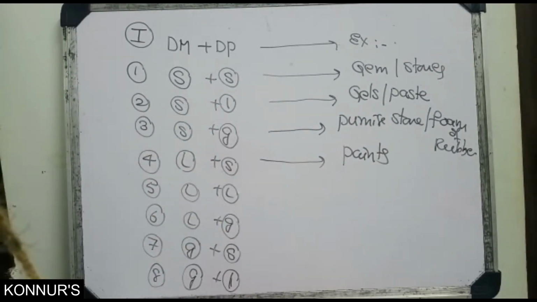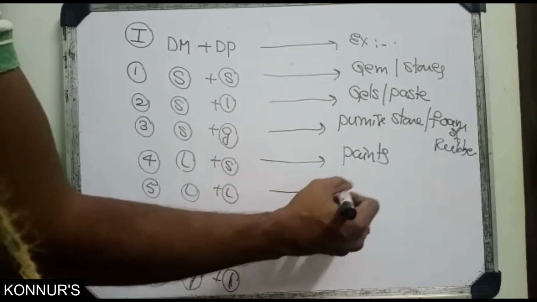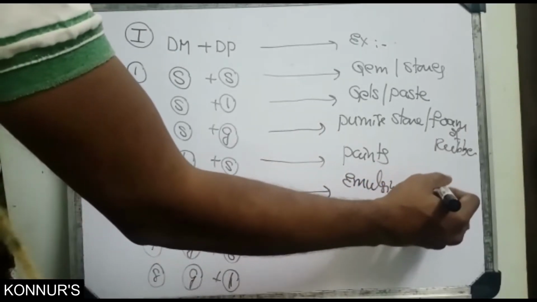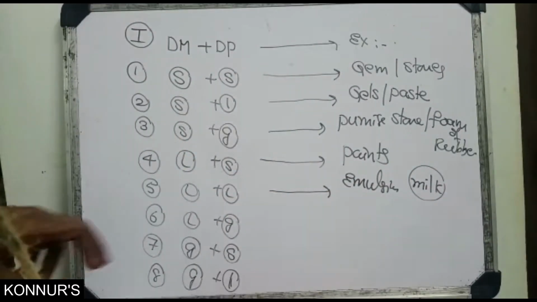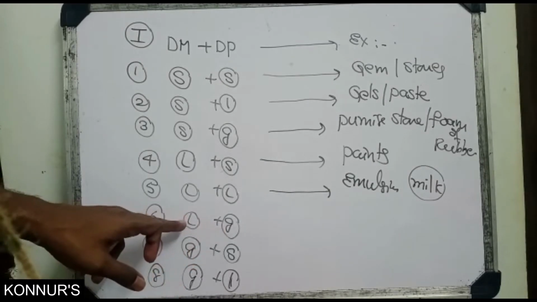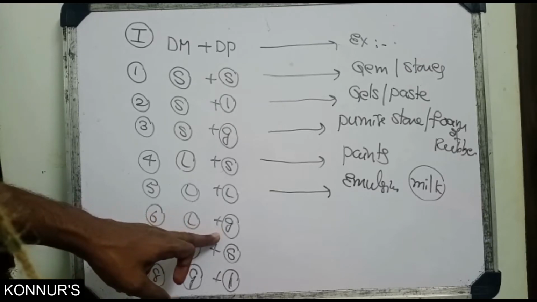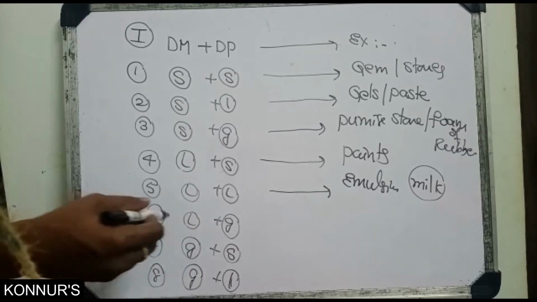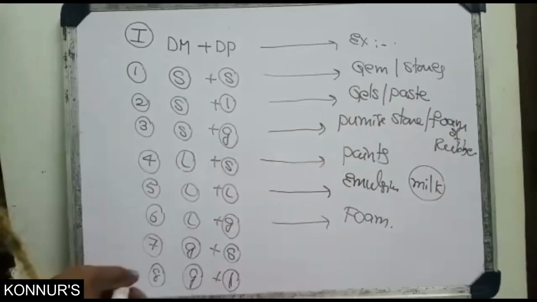Next, a small amount of liquid present in a large amount of liquid is an emulsion. Milk is the best example. Next, a small amount of gas present in a large amount of liquid. The example is foam.